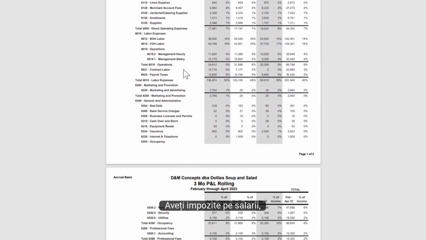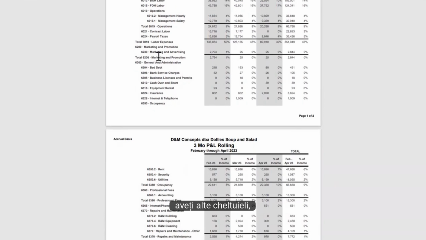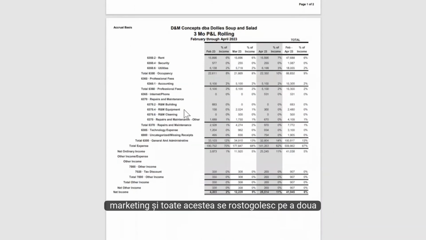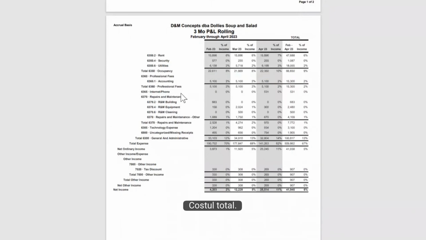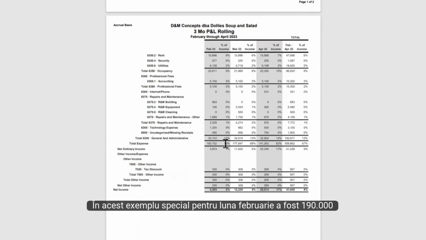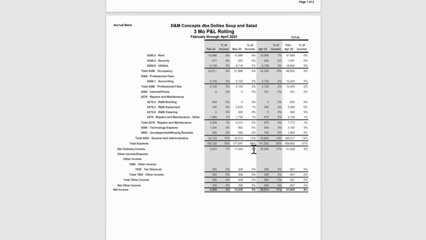You have payroll taxes. You have other expenses, marketing, and all of this rolls into, on the second sheet, the total cost. So your total expenses on a P&L in this particular example for February was 190,000, March was 177,000, April 141. This looks good, doesn't it?